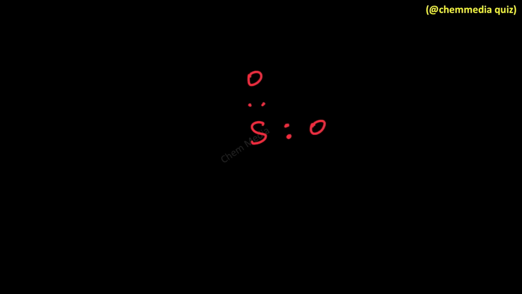That means 2 electrons. Now total we have 24 valence electrons. So far we have utilized 6 valence electrons. Still we have 18 valence electrons. Therefore, let's put 3 lone pairs around each oxygen.